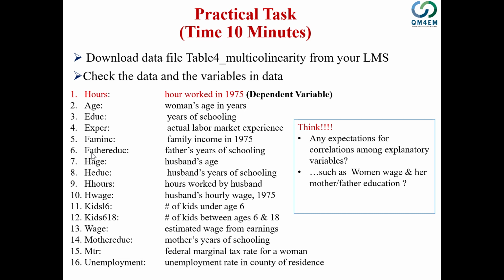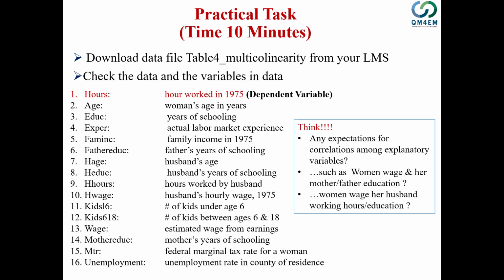So you see, there is a link between the woman wage, because when a woman is more educated, she is expected to get a higher wage. So mother more educated, father more educated, and obviously the female more educated, and obviously more wage.